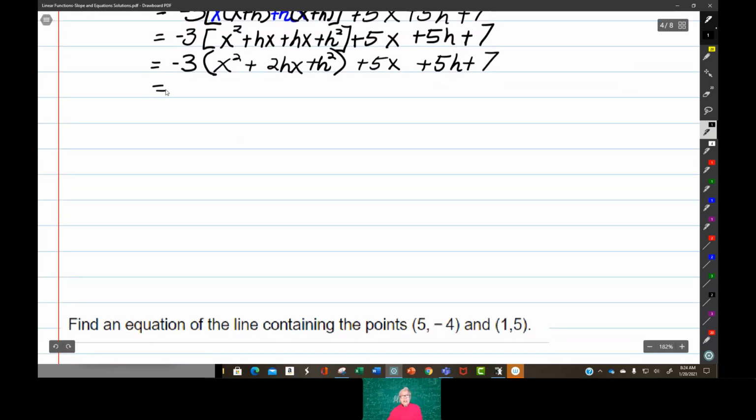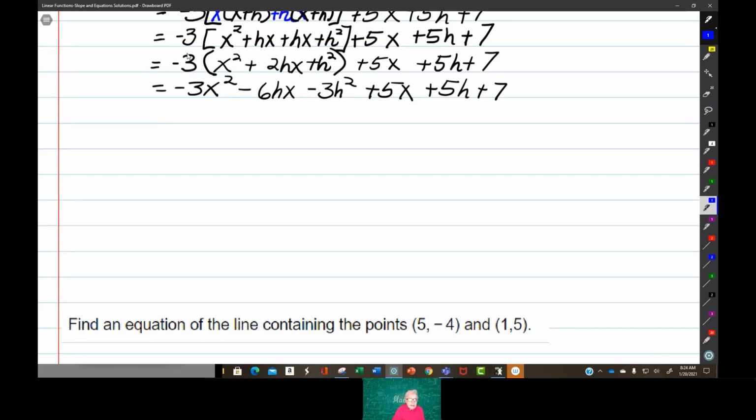All right, now I can distribute the negative 3. Woo! I'll have negative 3x squared minus 6hx minus 3h squared plus 5x plus 5h plus 7. What I did is I took negative 3, multiplied it by x squared, multiplied it by 2hx, multiplied it by h squared.